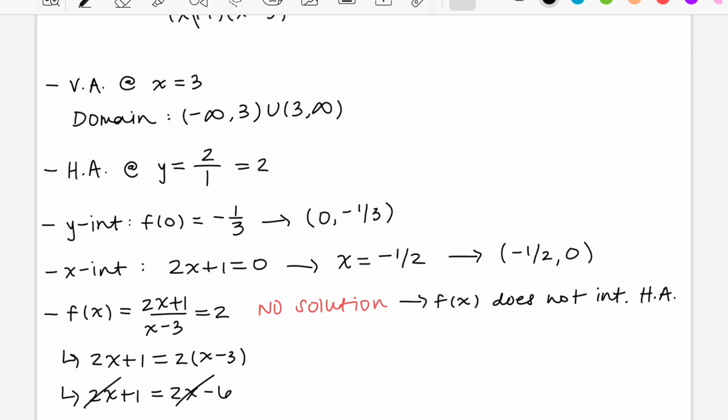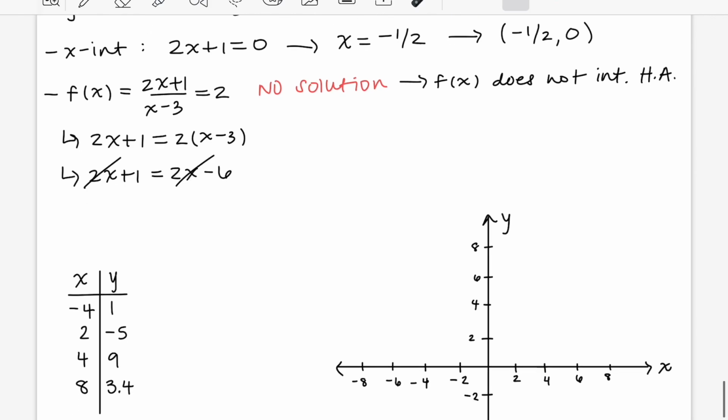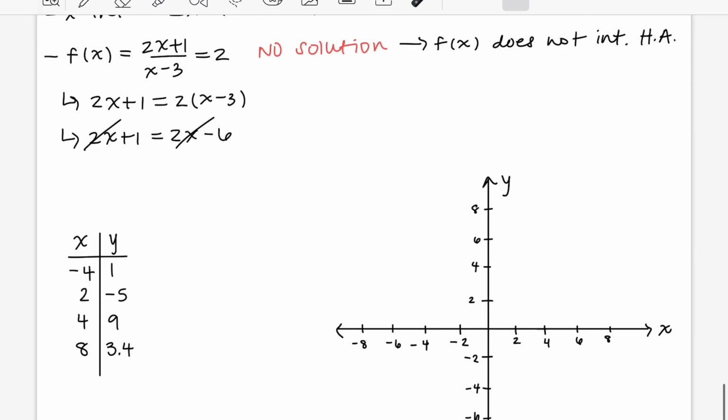All right, and then step 6 from our procedure is to plot up a couple points. I've done that already. And so now we have all of the information that we need to graph this. First, we will plot our asymptotes as well as our x and y intercepts. We know we're going to have a horizontal asymptote at y is equal to 2.